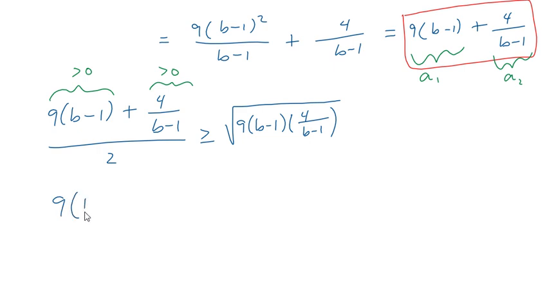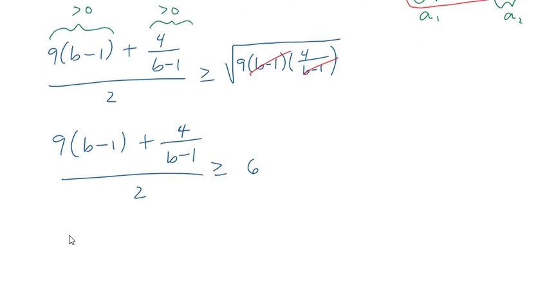Now let's proceed to the next step. We have 9 times (b minus 1) plus 4 over b minus 1. Now we can cancel b minus 1, so we have in the right hand side the square root of 36. Square root of 36, that's 6. So if we multiply both sides by 2, we have 9 times (b minus 1) plus 4 over b minus 1 greater than or equal to 12.